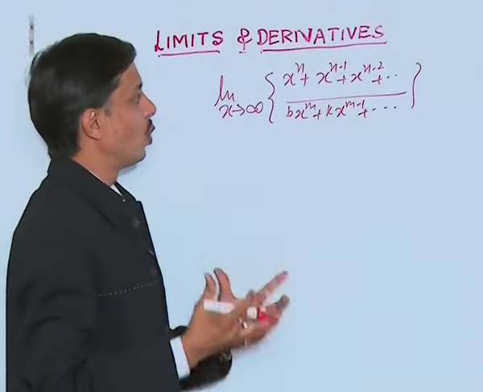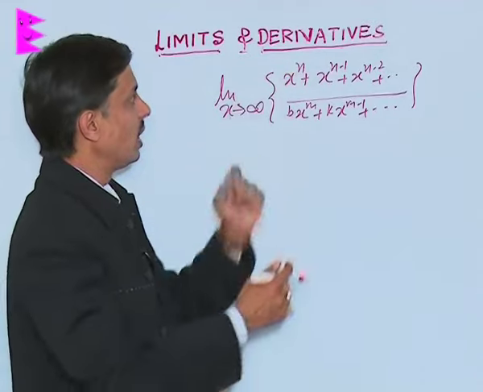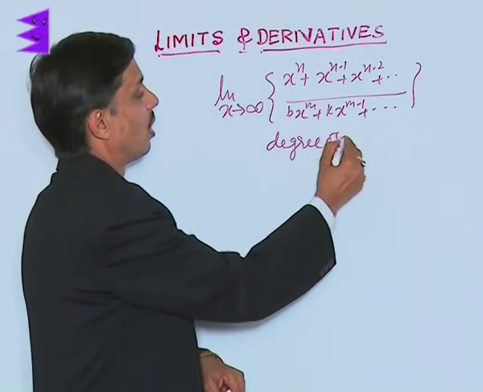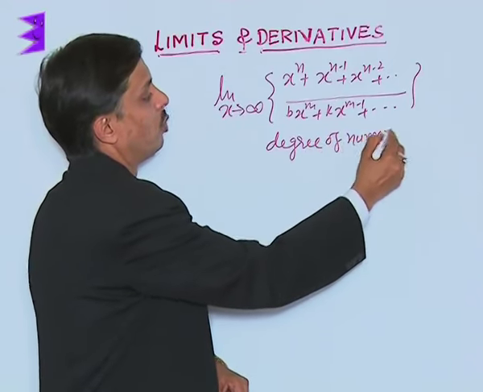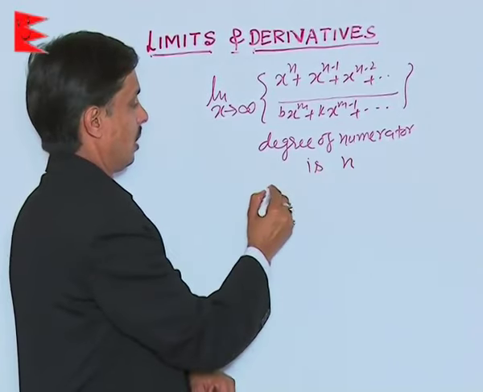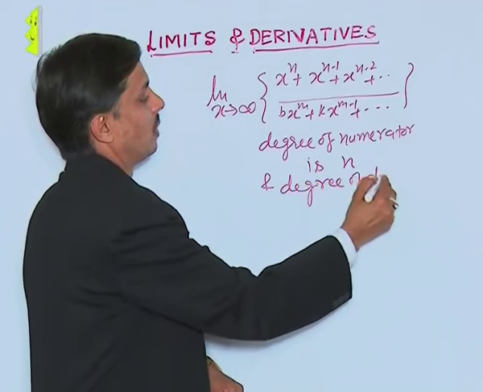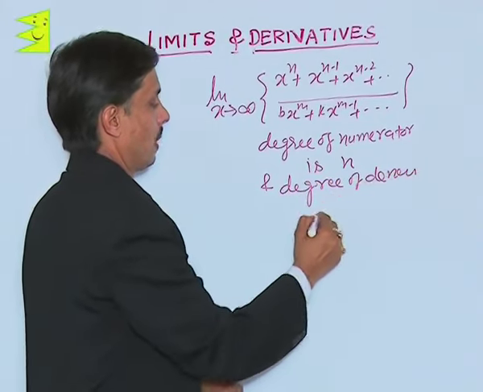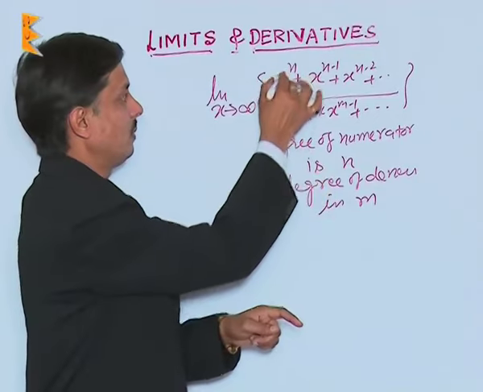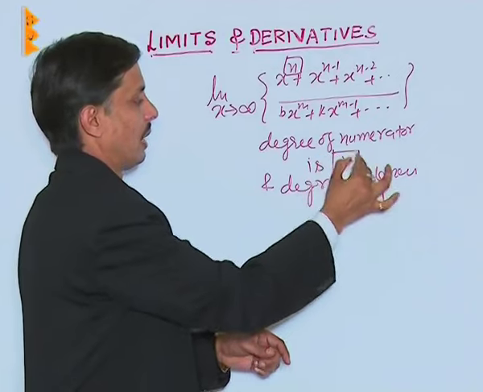So there are two algebraic expressions. The degree of the numerator is n, the highest power, and the degree of the denominator is m.